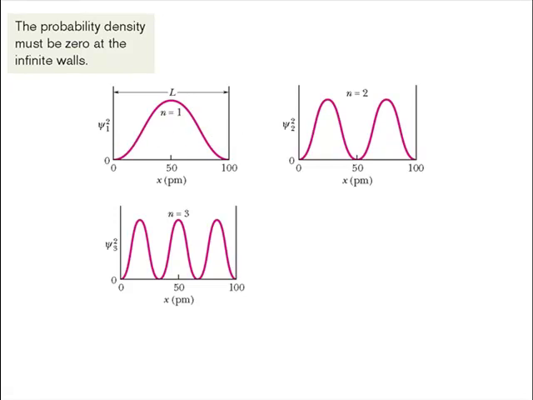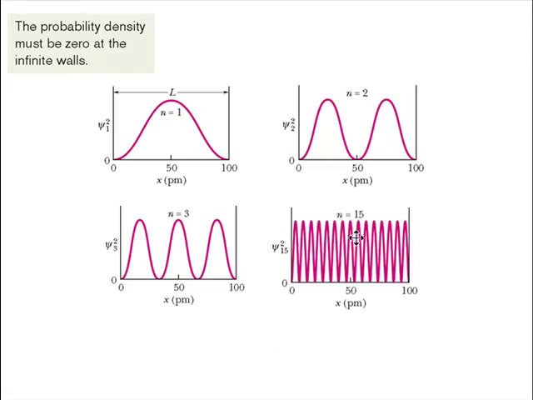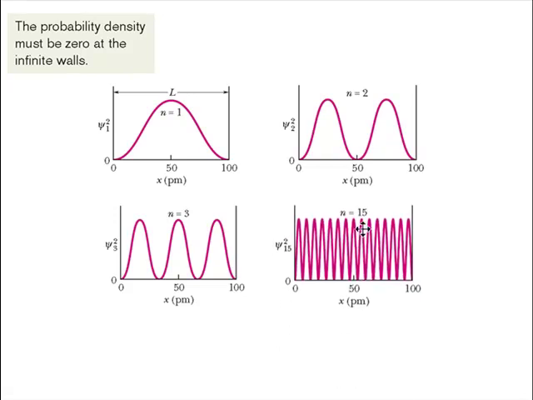Well, let's look at the case for n equals 15. Notice that for n equals 15, we have 15 different bumps, all of essentially the same height, and they're very close together. So, if my dx's aren't too small, in other words, if they're bigger than the distance between these bumps, we are going to find an even probability all the way across.